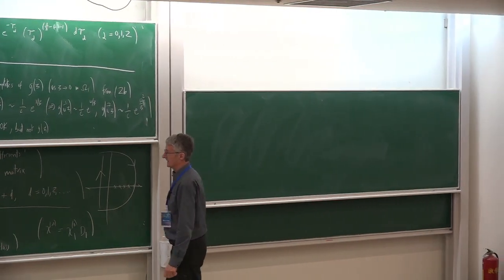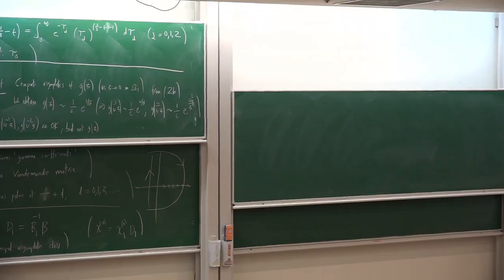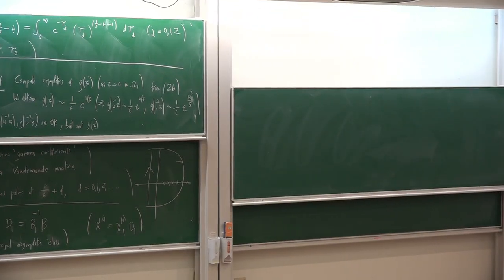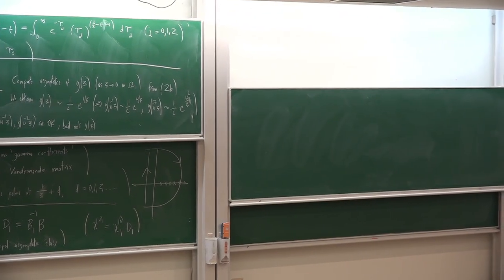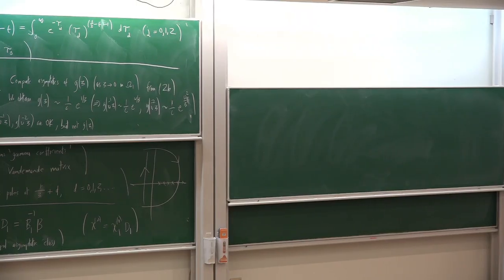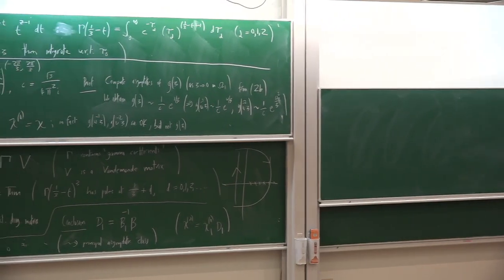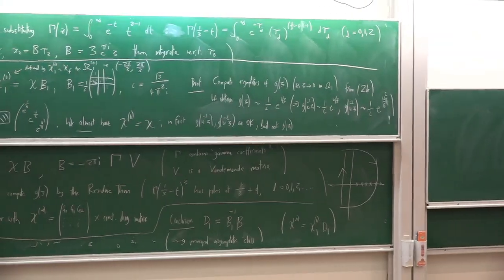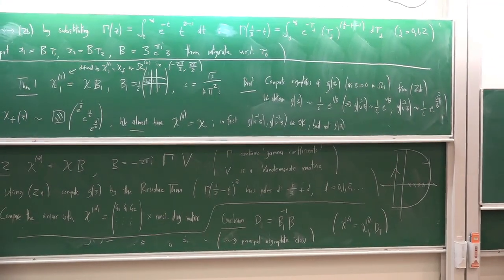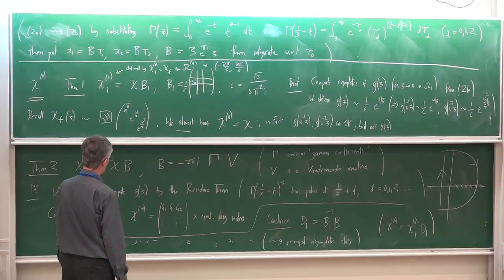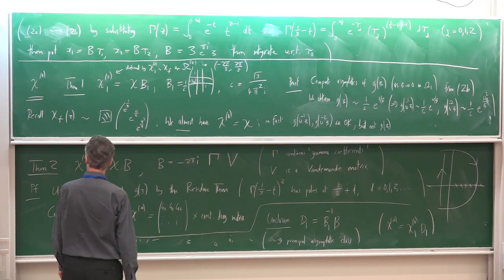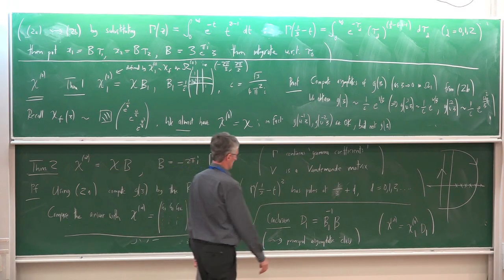Well, okay, so that's the next point. Where does the cohomology class come from? Probably better to use the middle, right? So I'll use the middle.